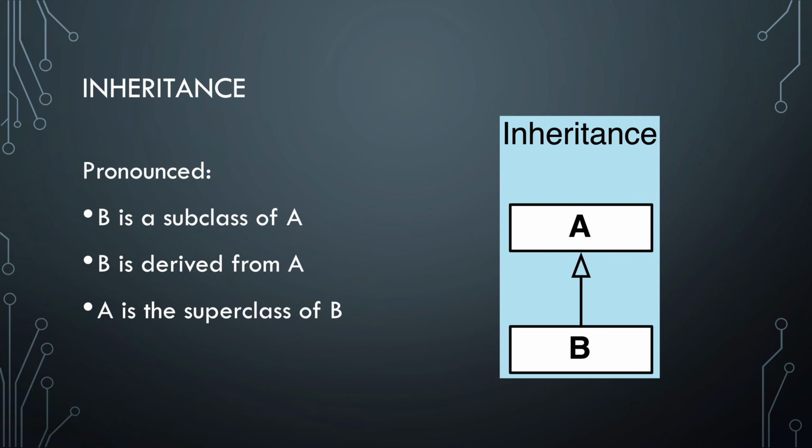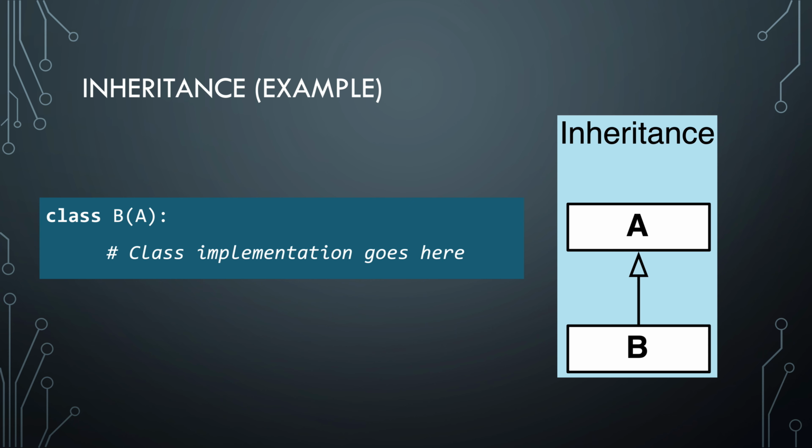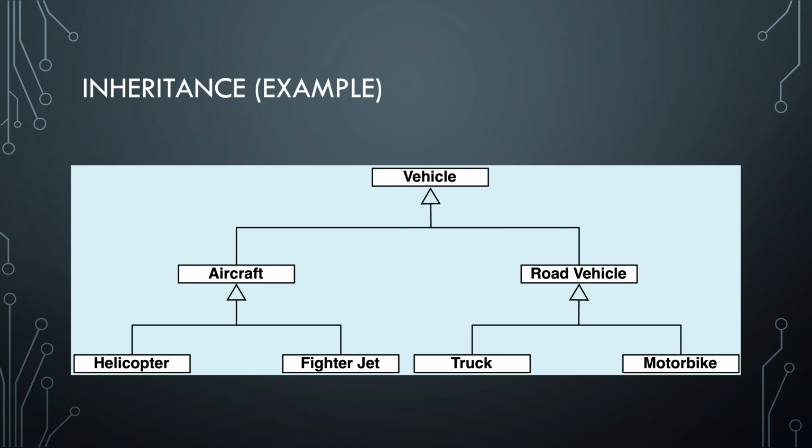So B is a subclass of A. B is derived from A, or A is the superclass of B. And you can see the UML diagram that corresponds to this on the right. Here is a simple example of the mapping from Python class inheritance to inheritance in a UML class diagram.